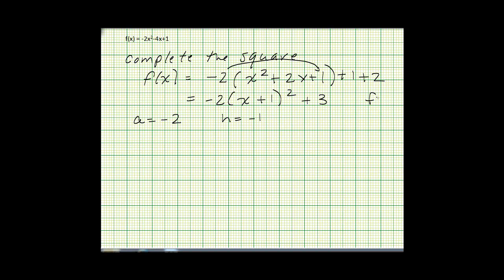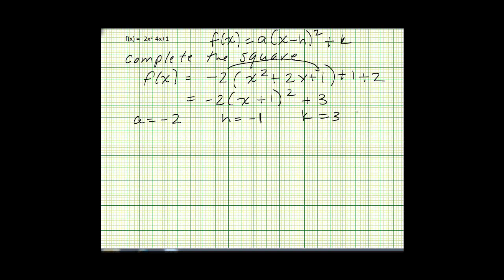Here, I'll write this. Remembering up here that the form we're trying to get this into is f of x equals a times (x minus h) quantity squared, plus k. Because this is a positive, we know that h is negative 1, meaning we're having a horizontal shift to the left, and then k is positive 3, so we know we're going to have a vertical shift of 3 up.